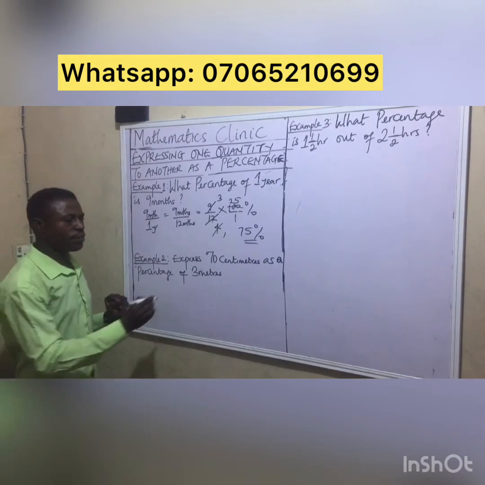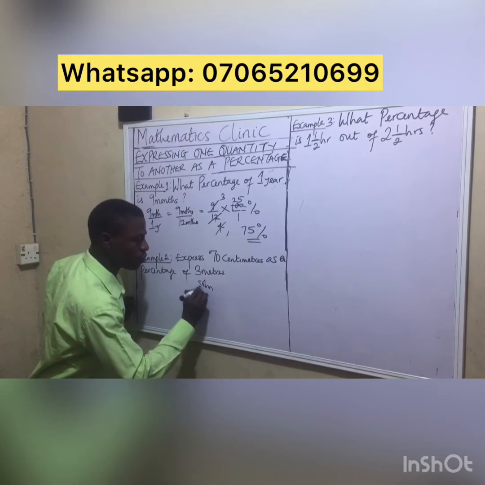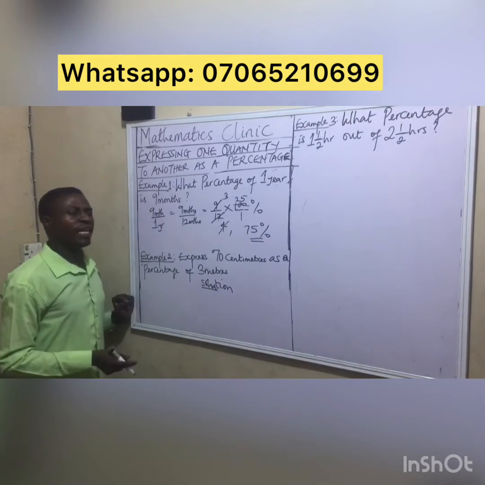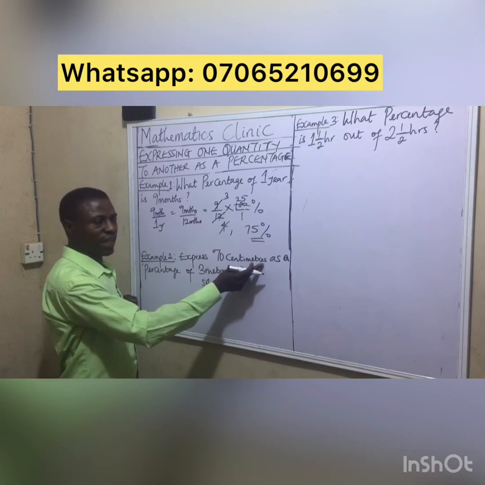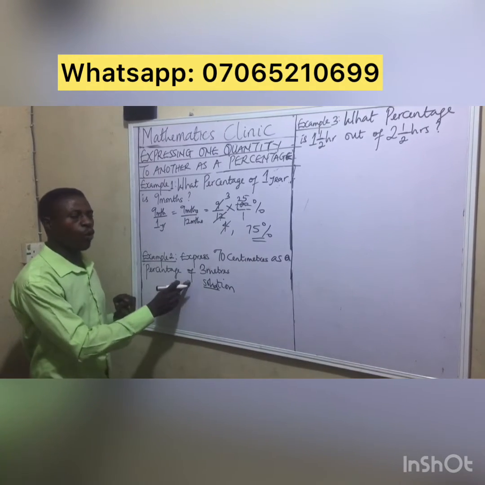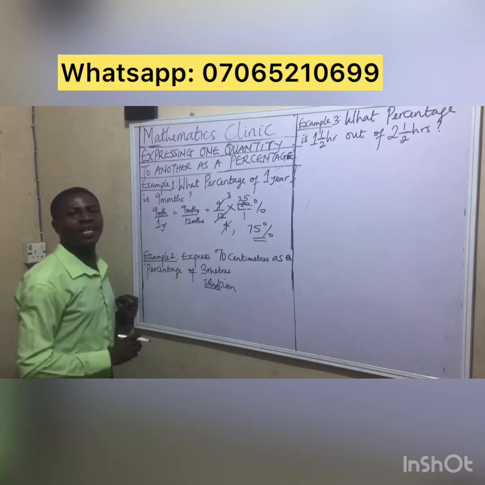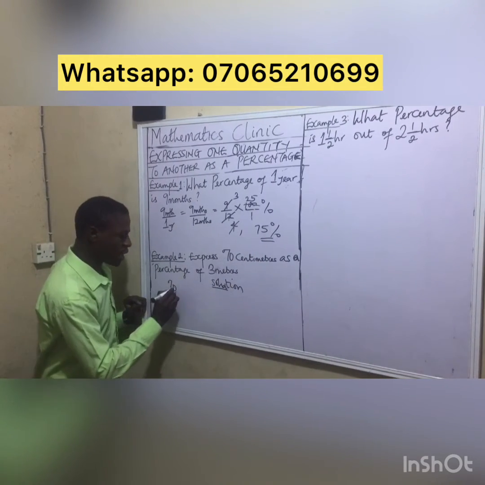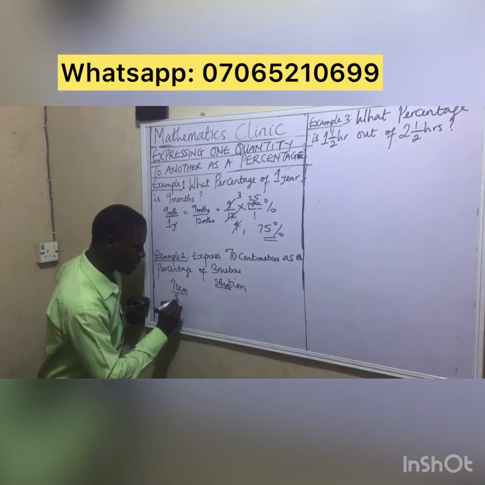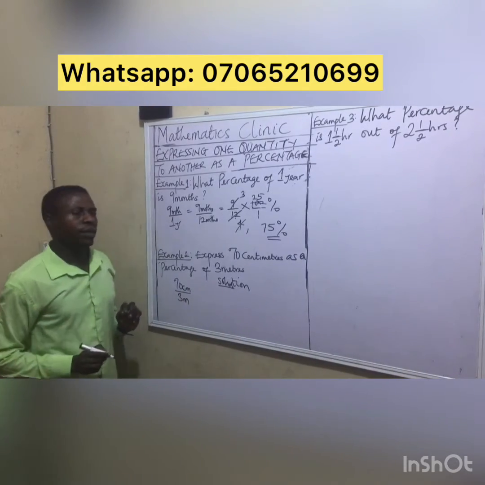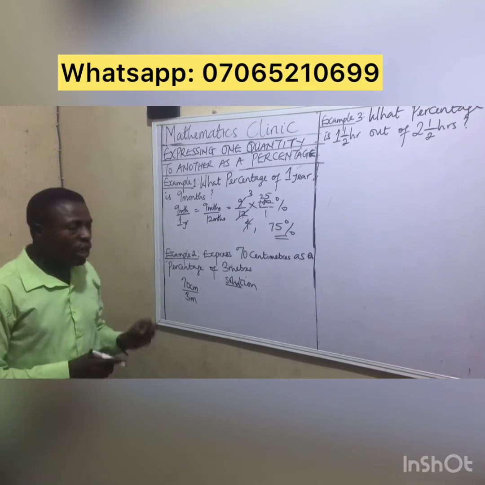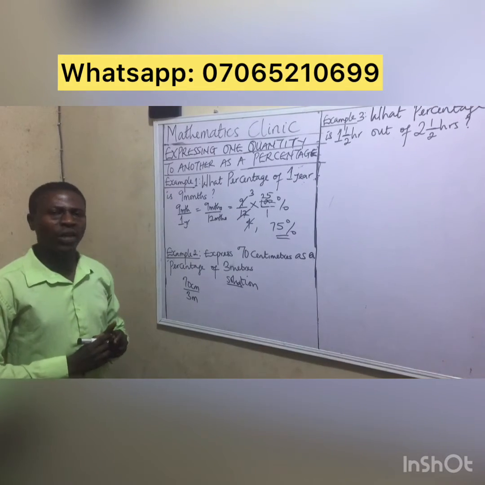Now let's go to example 2. Express 70 centimeters as a percentage of 3 meters. In this case, you write it the way they put it: 70 centimeters over 3 meters. They have different units, so you have to make sure that they have the same unit. What are you going to do?